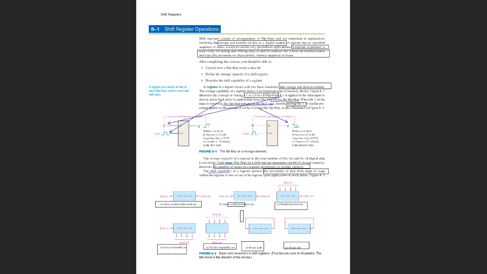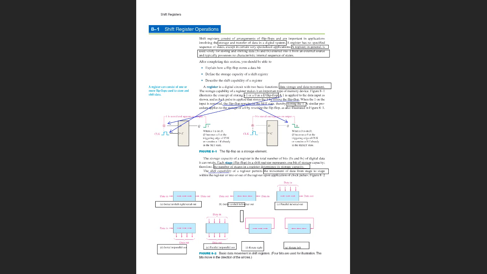A register in general is used for storing and shifting data, which means ones and zeros, which you enter to and from external sources. The most basic register is a D flip-flop, as you remember. It is triggered by the clock slope, in this case on figure 8.1, by the positive clock slope.